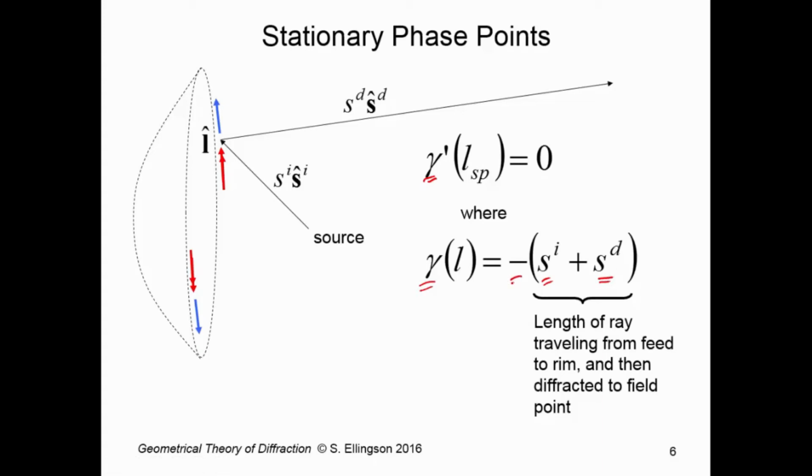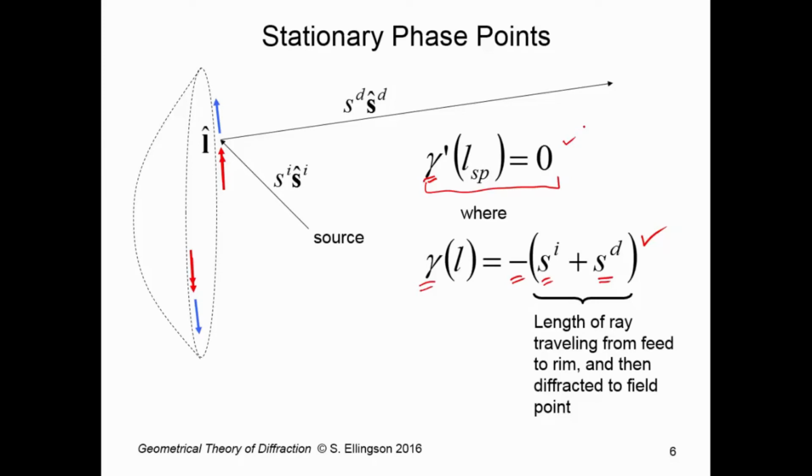There's a minus sign here. It comes from the analysis in the document that I referred to earlier. The stationary phase points, that is the points where we expect the stationary phase mechanism to apply, are given as solutions to this equation. So we take the derivative of path length and we set it equal to 0.